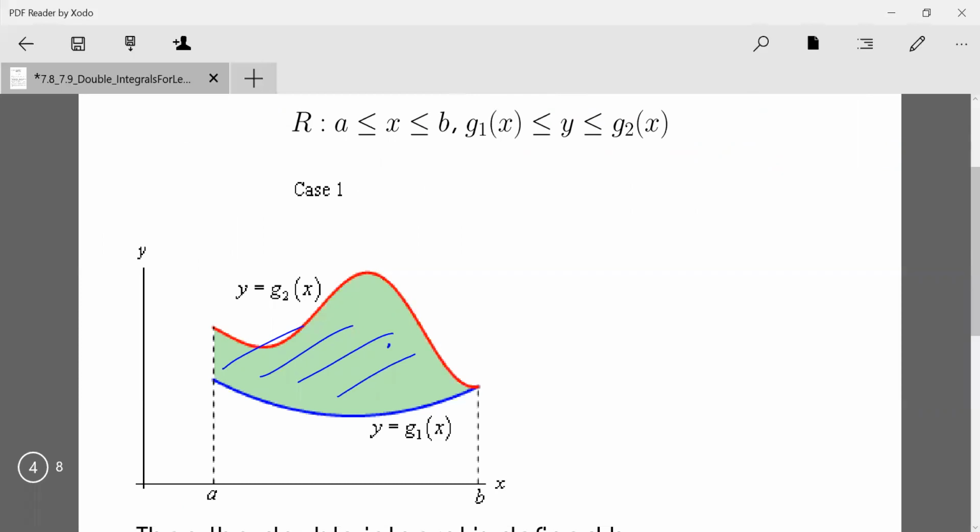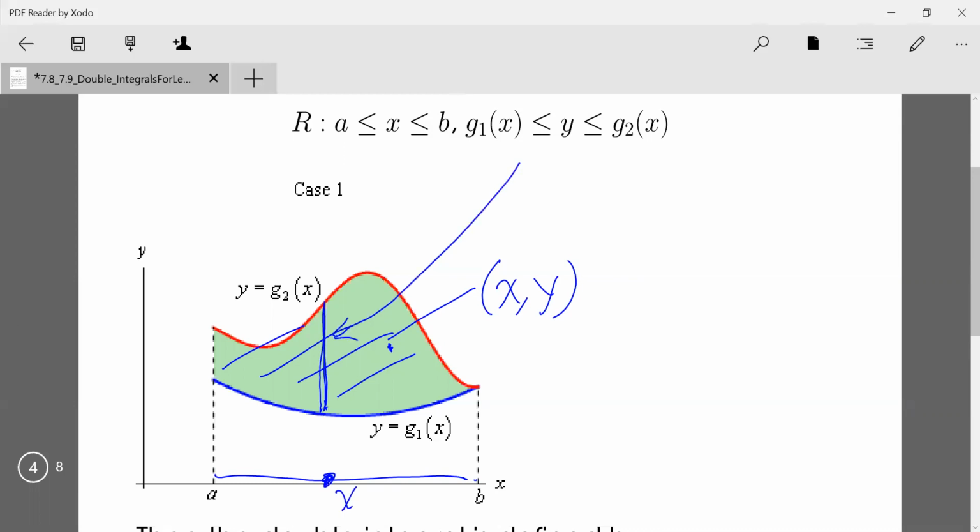The points in R have coordinates x and y, and x is between a and b. But for each x, suppose here's x, between a and b, y is between the values of the two functions. So this condition really defines this vertical segment.